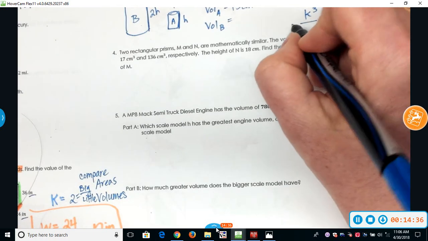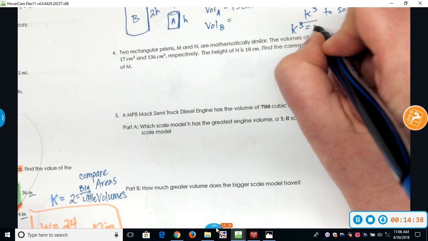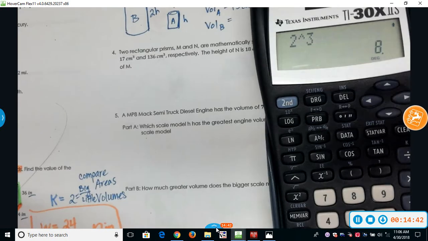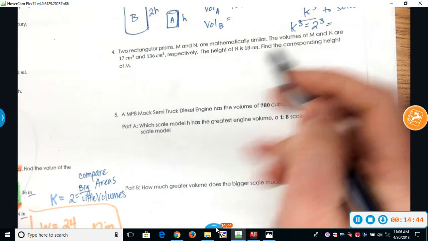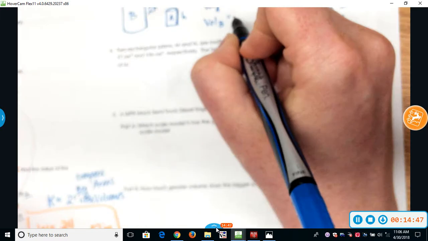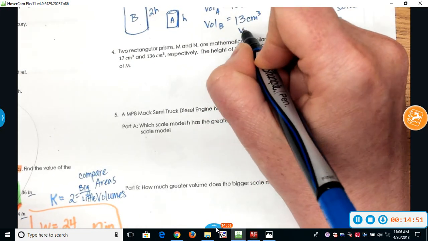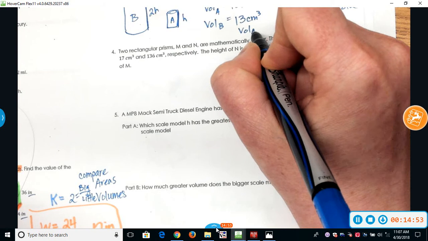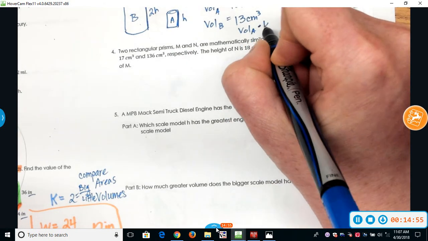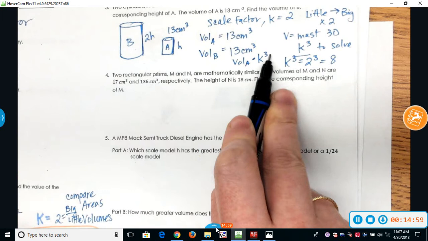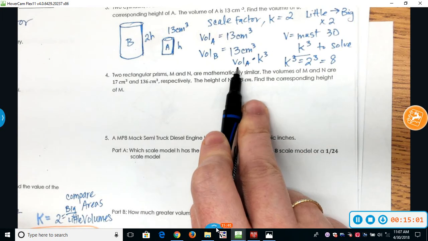So first I want to get K cubed. 2 cubed. We actually just solved that. 2 cubed is 8. All right. So I need to take 13 centimeters cubed, which is the volume of A, and I multiply it by the scale factor K to the 3rd, because again I'm using volume.